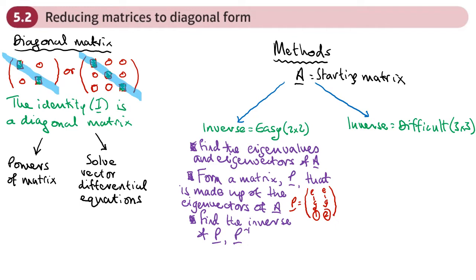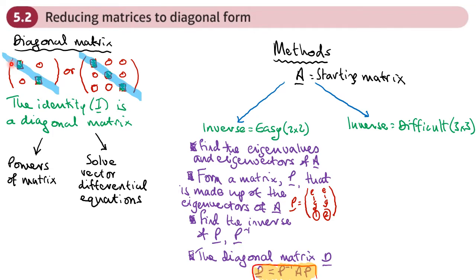And then the last step, we can form our diagonal matrix, which we'll call D. The diagonal matrix D is equal to P inverse times the original matrix A times P. So this is the important bit here: what we do with the matrix P, the eigenvector matrix, the inverse of P and A. So multiply them together and we'll get this diagonal matrix.